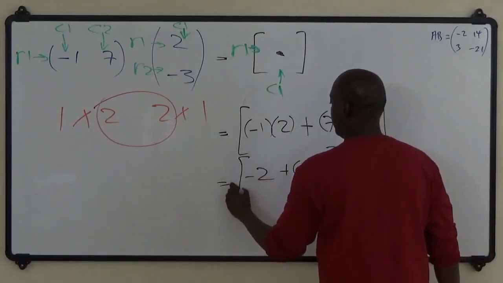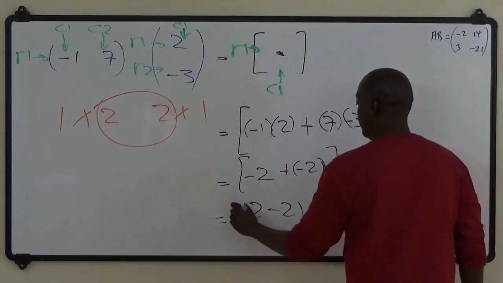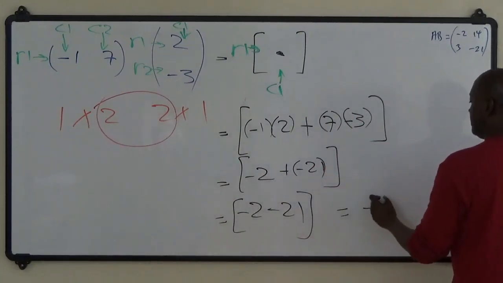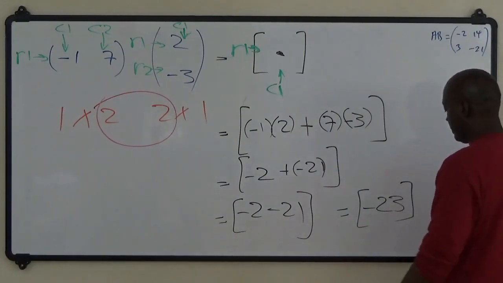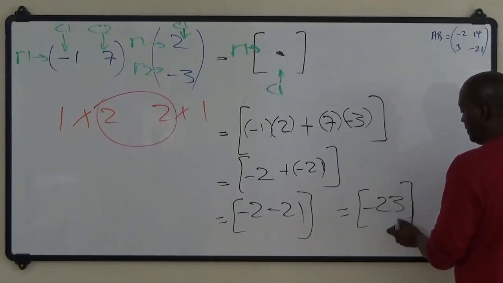Square the brackets, equal minus 2 minus 21. Brackets still square, and the final answer is minus 23. All right? And that is it.